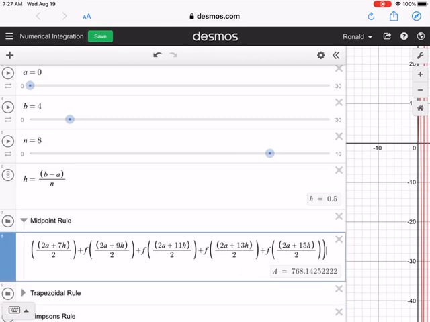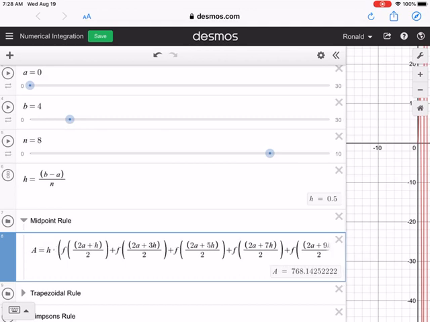If you count the number of terms, the number of f of whatever, that's how many rectangles you have. So you have 1, 2, 3, 4, 5, 6, 7, 8. So we're doing 8 rectangles.